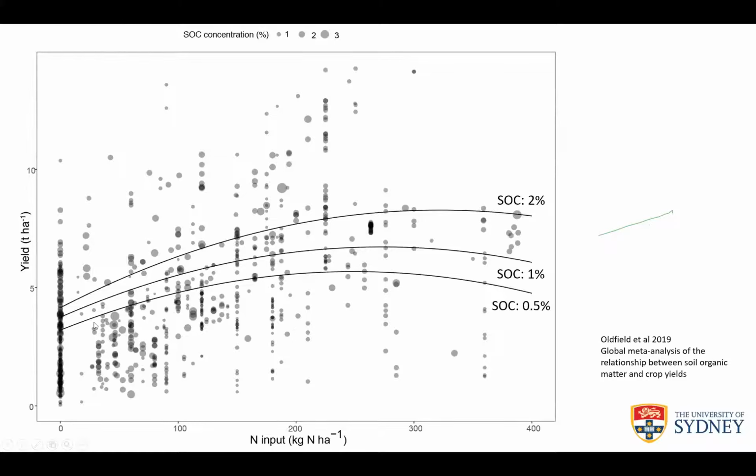That means that if your soil is 0.5%, no matter how much nitrogen you put in, it's not going to increase your yield significantly, right? After 100 kilograms per hectare, you're not going to expect a lot of increase in yield. If you want to increase your yield, it's better to increase the carbon content.